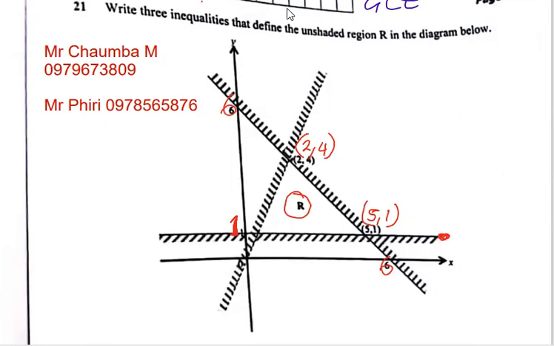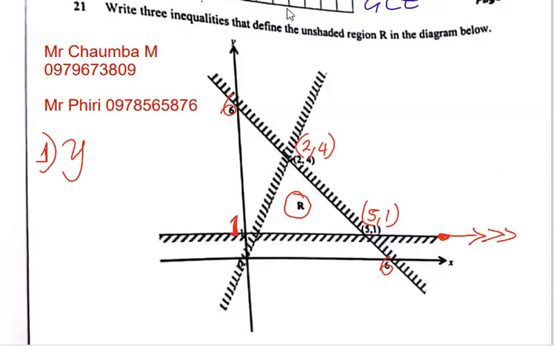This is what we're going to start with because it is the simplest. It is number 1. How do we write this one? It cuts the y-axis, so it's going to be y. If you look at where R is, on top of this line, it is above 1 of y.